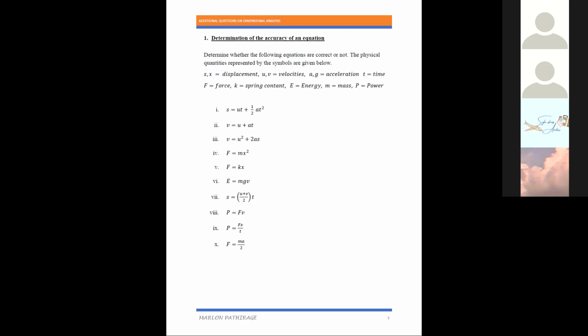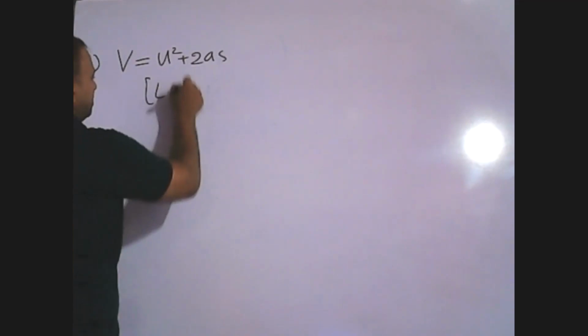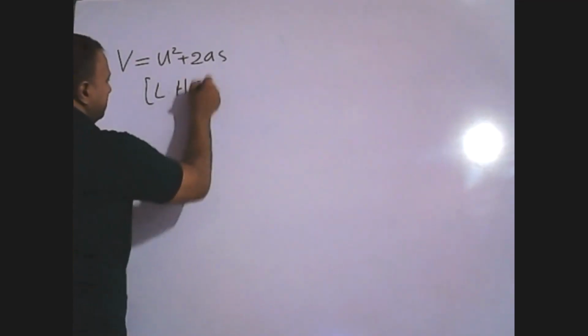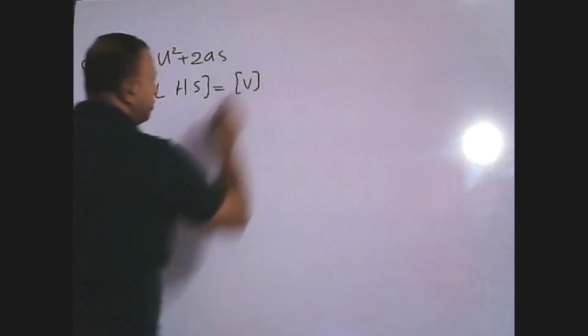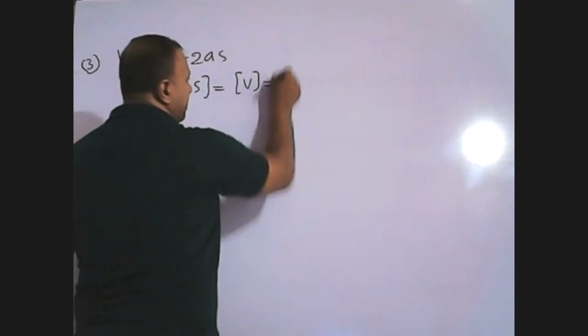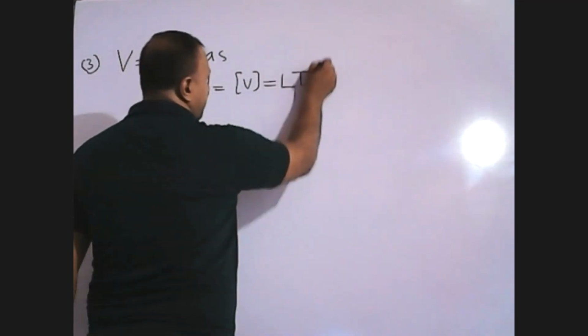Okay. Shall we do that? This is our question. Then I can write the dimension of LHS, that is equal to the dimension of V. V is a velocity, so the dimension of LHS equals LT to the power minus 1.